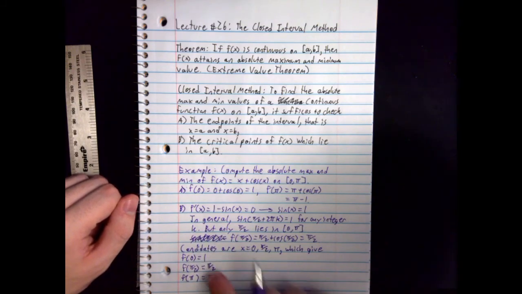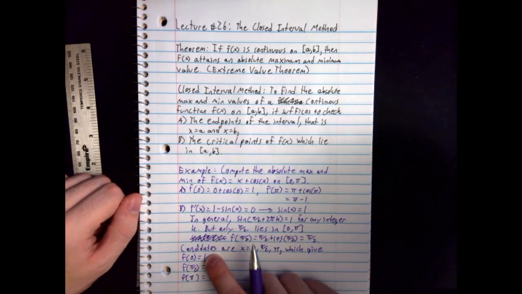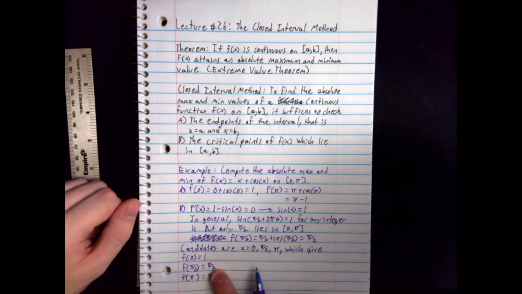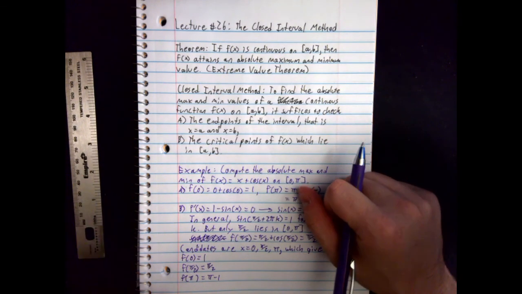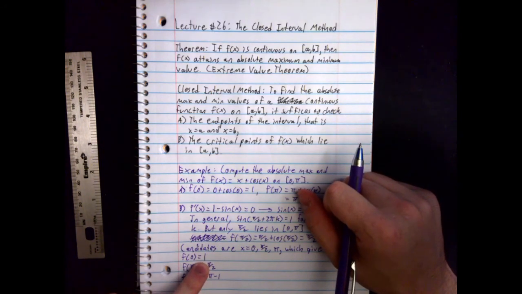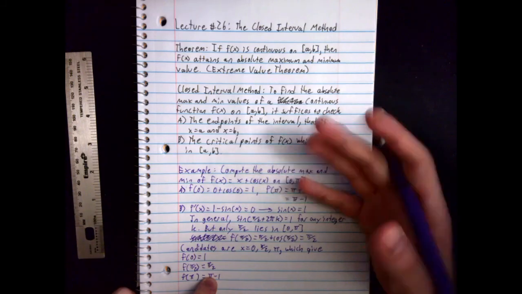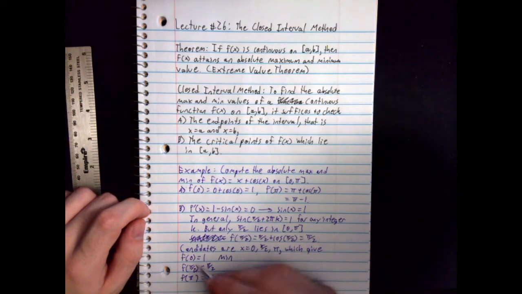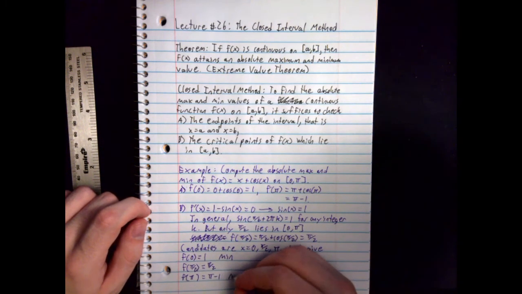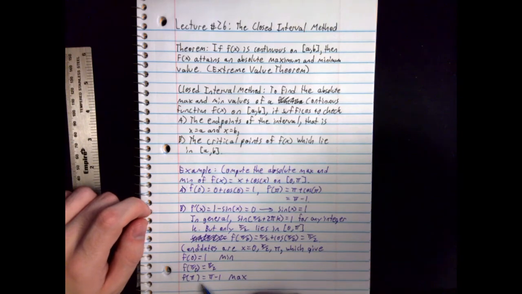Well, 1 is easy enough. Pi over 2 is about 1.5, since pi is close to 3. And pi minus 1 is about 2.14, something like that. So our minimum value is 1, and our maximum value is pi minus 1.